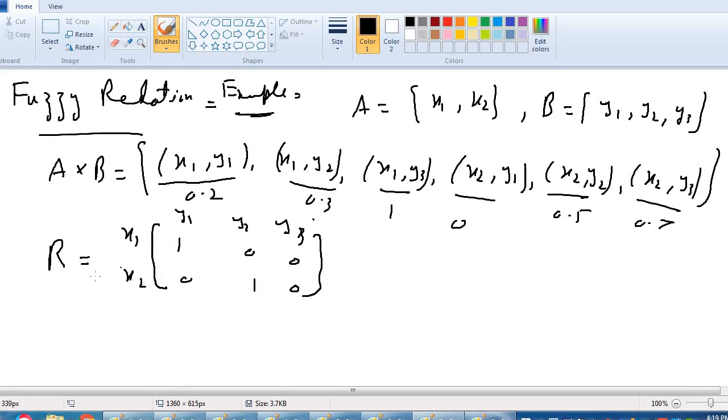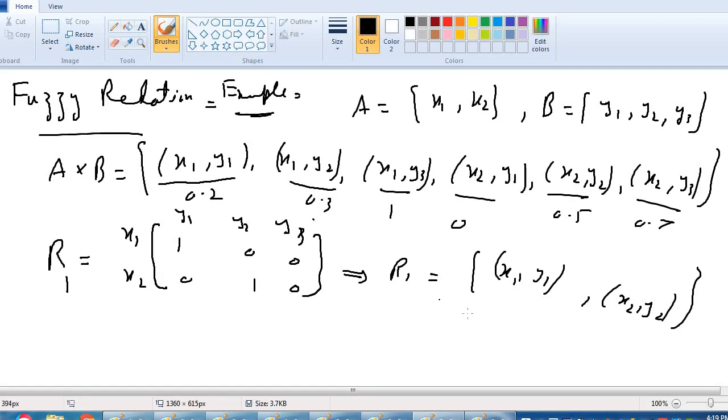It means that in this relation R1, we have only the order pair x1 y1 and the order pair x2 y2. This implies that R1 is equal to x1 y1 and x2 y2. These two are order pairs because only x1 y1 has the number 1 and x2 y2 has 1. All others are 0, meaning they are not included in the relation R1.